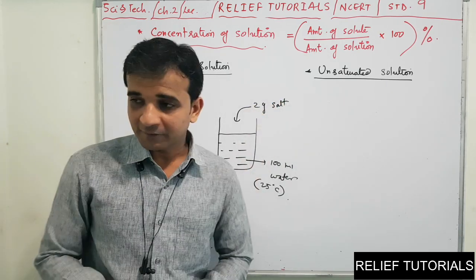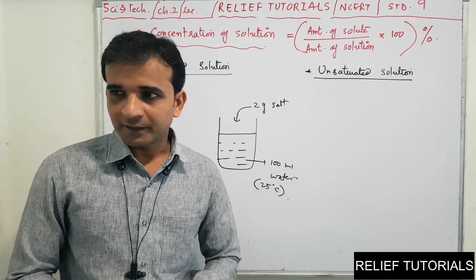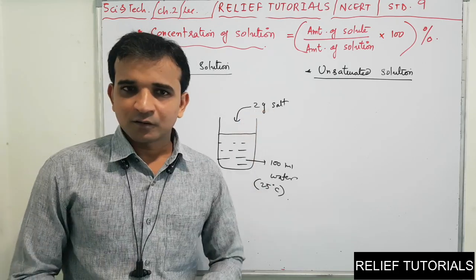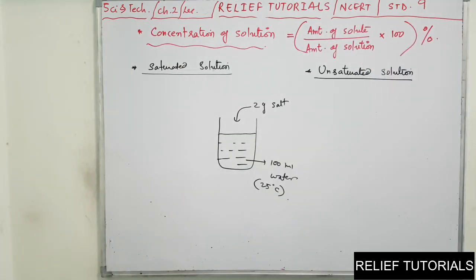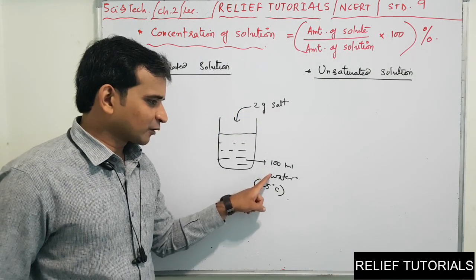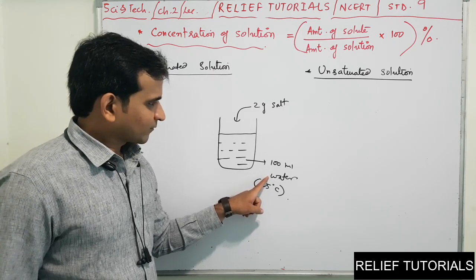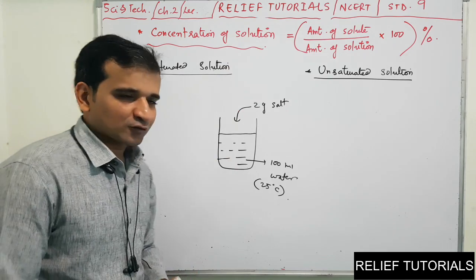You can perform this activity at your home also. You can just take 100 ml of water and add 2 gram of salt in that. So here, 100 ml of water at 25 degrees Celsius, we are adding 2 gram of salt.